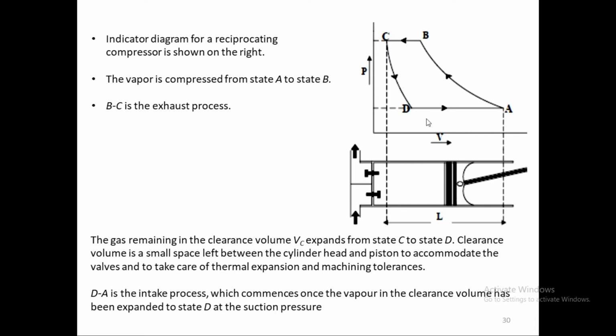Okay, so from A to B the gas has been compressed, and from B to C is the exhaust, and from C to D it is the expansion of the gas which is trapped in the clearance volume. After that the pressure inside the cylinder drops enough, and then the intake valve will open and further gas will come in.